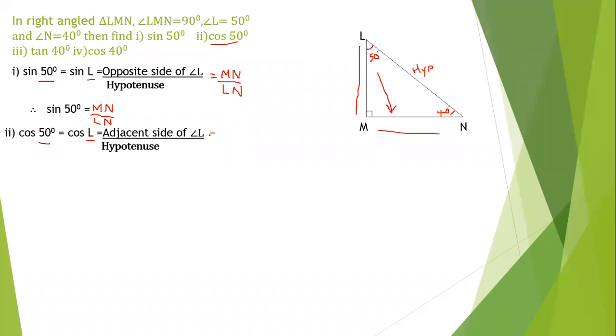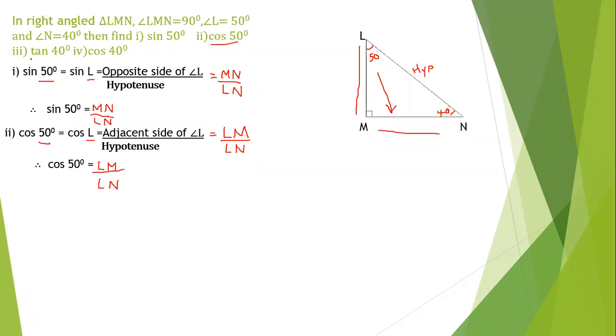So here we will write LM upon hypotenuse. Hypotenuse is LN. Therefore, cos 50 degree is equal to LM upon LN.